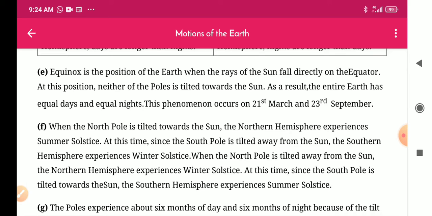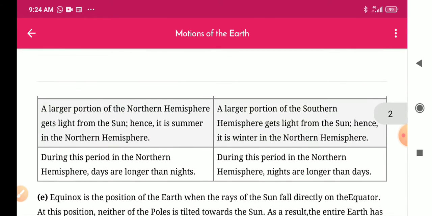At this time, since the South Pole is tilted away from the Sun, the Southern Hemisphere experiences winter solstice. When the North Pole is tilted away from the Sun, the Northern Hemisphere experiences winter solstice. At this time, since the South Pole is tilted towards the Sun, the Southern Hemisphere experiences summer solstice.